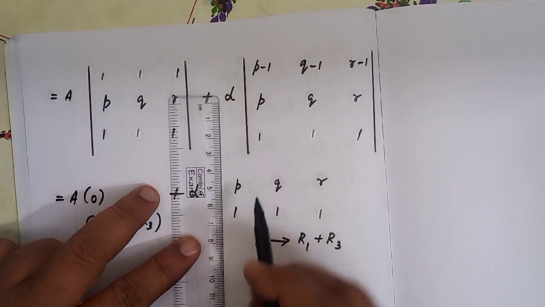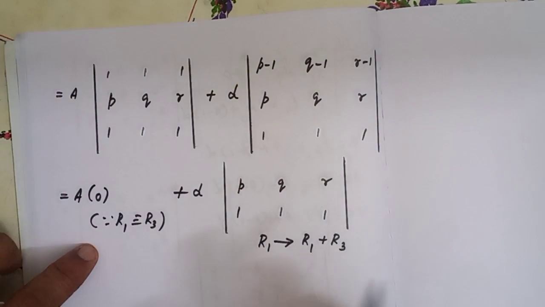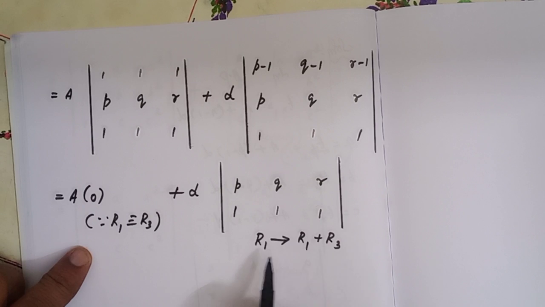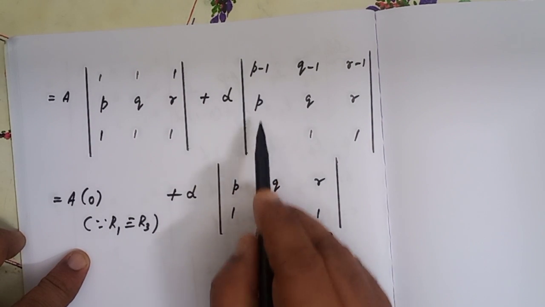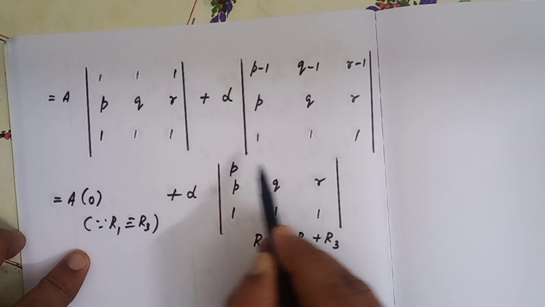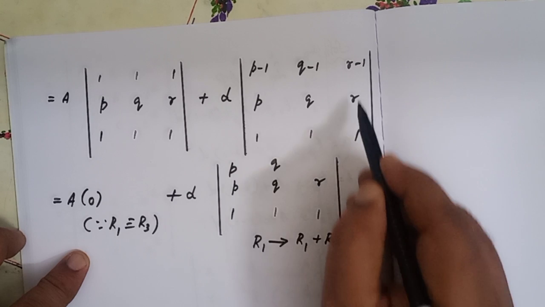I am going to change only R1. Listen carefully. Adding R1 and R3, we have p minus 1 plus 1, where minus 1 plus 1 cancel, giving p; similarly q and r.